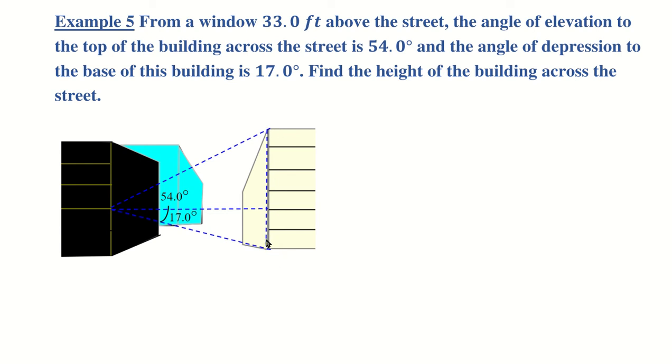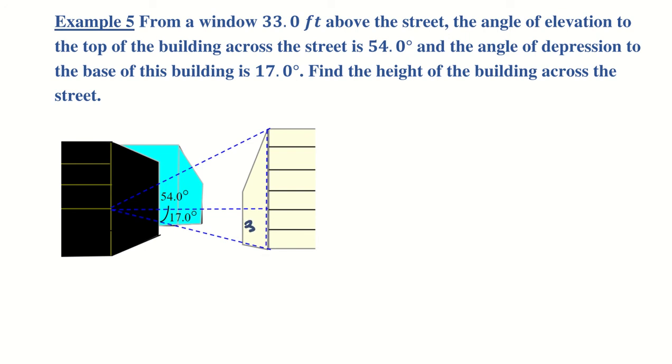It almost at first look seems like they may not have given us enough information, but when you patiently think about it for a while, you realize we might just have enough, okay? Notice that they say this point of view is 33 feet above the street, right? So that means when you drop a perpendicular like this, this piece right here is also going to be 33 feet, right?